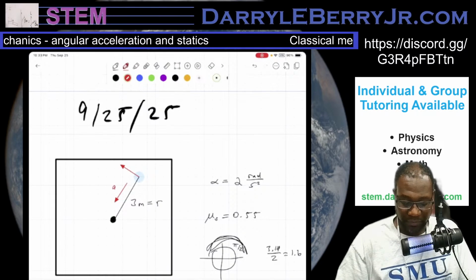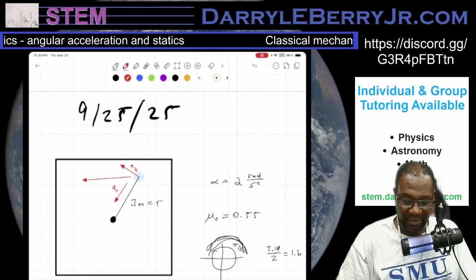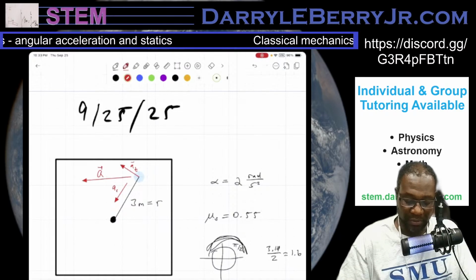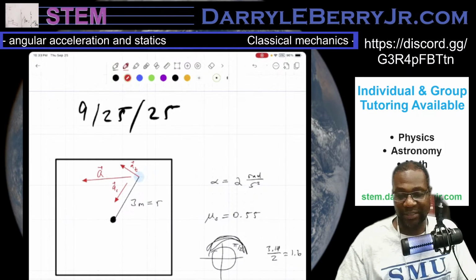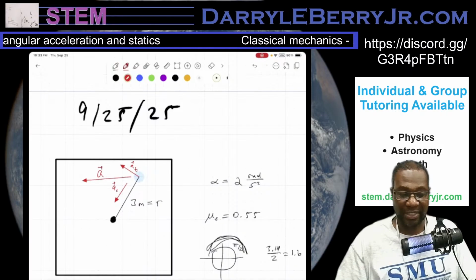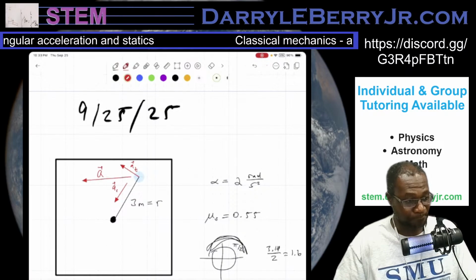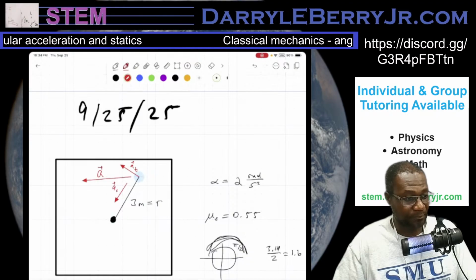So this would be a_c, and this will be a_t. And the resultant acceleration, I'll just call it a, will be going pretty much in that direction. It'll be a resultant vector that's the sum between these two vectors. So we needed to know this to solve this problem.